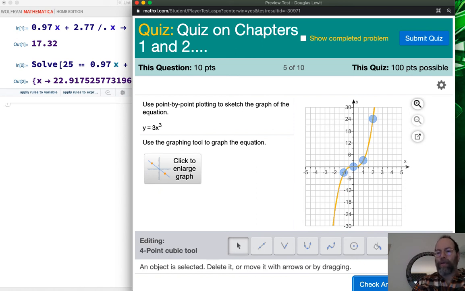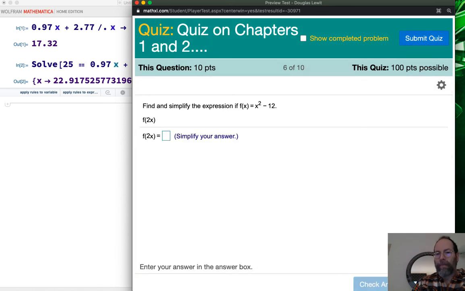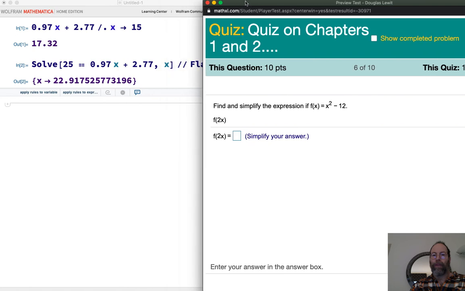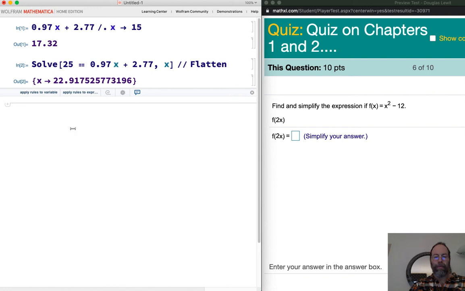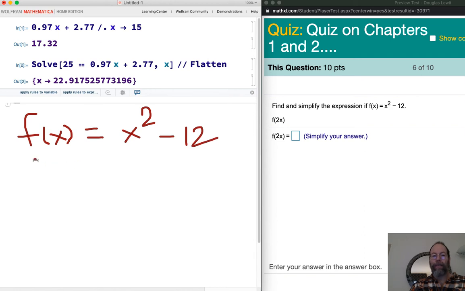Let's move on to the next question. Find and simplify the expression if f of x is equal to x squared minus 12. What is f of 2x? We could use Mathematica to help, or not. This is a pretty easy problem. F of x is equal to x squared minus 12, and we have f of 2x.